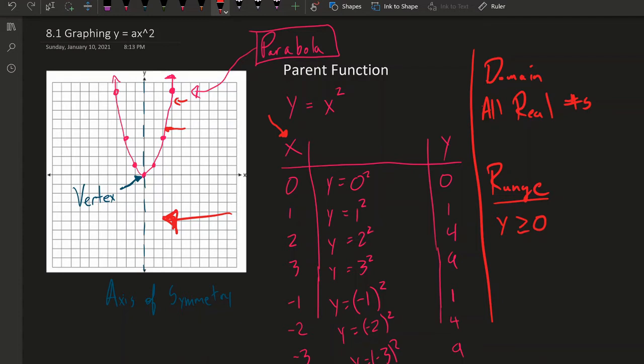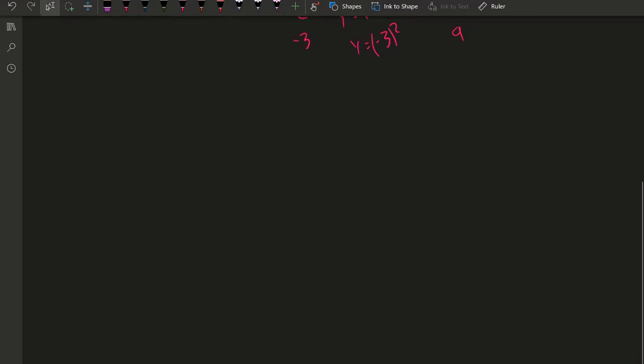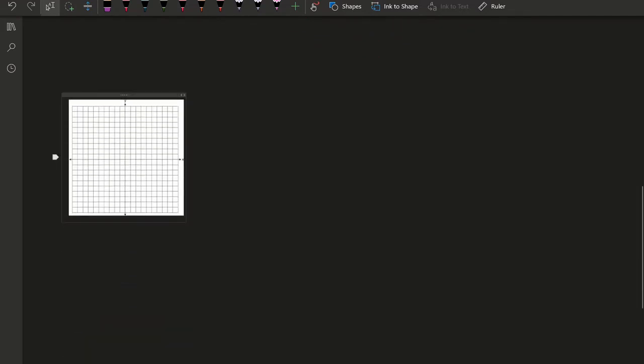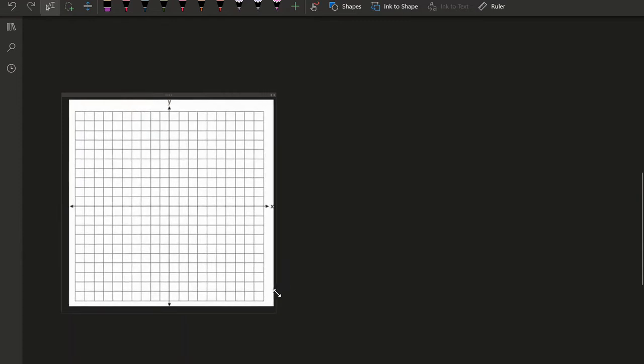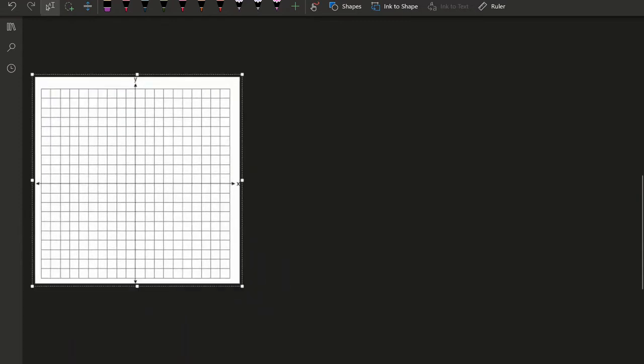Okay, so that was the parent graph. Now let's go ahead and get into some transformations. So let's start off by graphing the function y is equal to 3x squared.